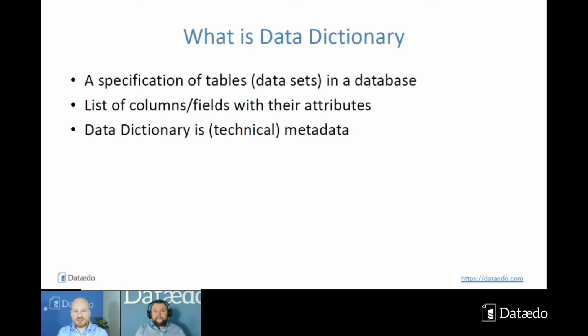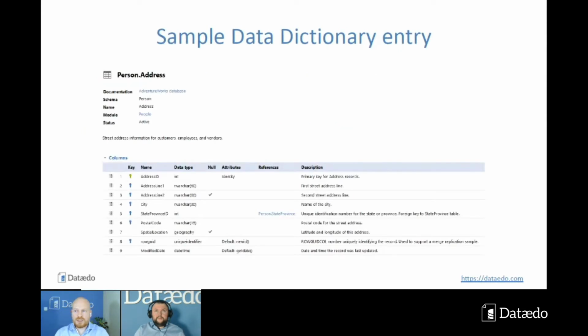Sometimes a data dictionary is also referred to as technical metadata. So, data about data, and it's technical because it refers to technical assets and not business assets, like for instance, a business glossary.